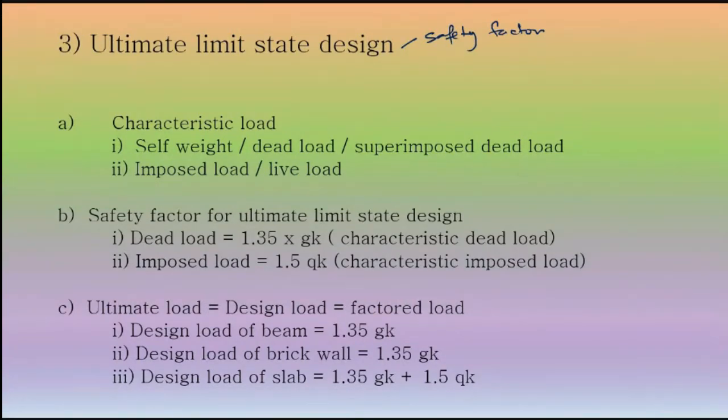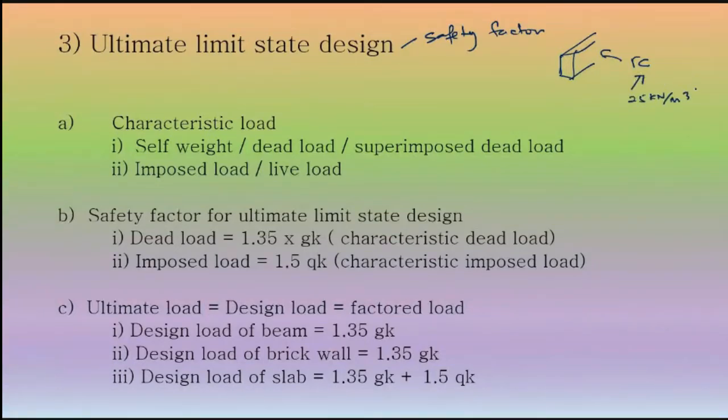Ataupun kalau kita tengok pada building tu sendiri, kita tahu self weight beam. Okay guys, you imagine beam made of reinforced concrete. So made of reinforced concrete ni dia ada berat dia sendiri. Concrete density is 25 kilonewton per cubic meter, right?